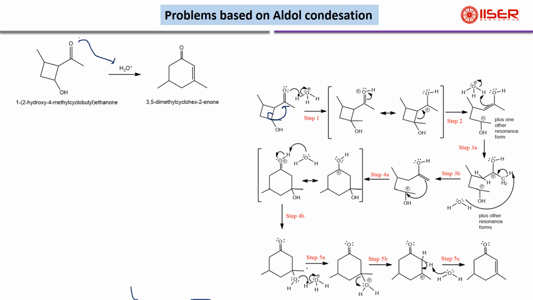Then through elimination of a water molecule from this, using this alpha hydrogen, we get this cyclopentanone type of ring. So this reaction from the product may seem very difficult, but it's a simple reaction just catalyzed by a simple acid. I hope it's clear.